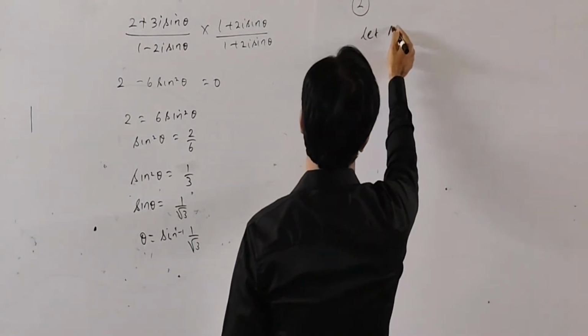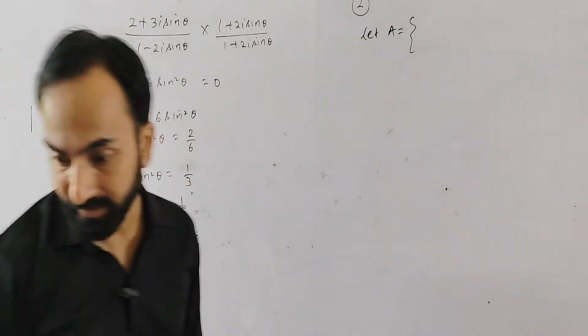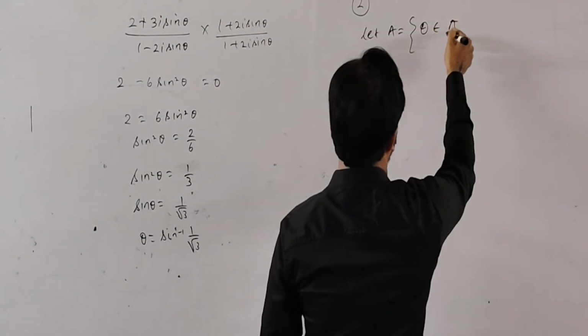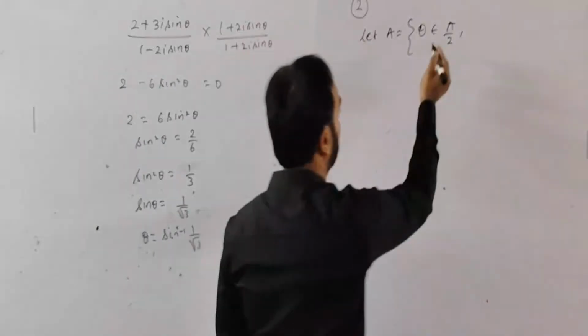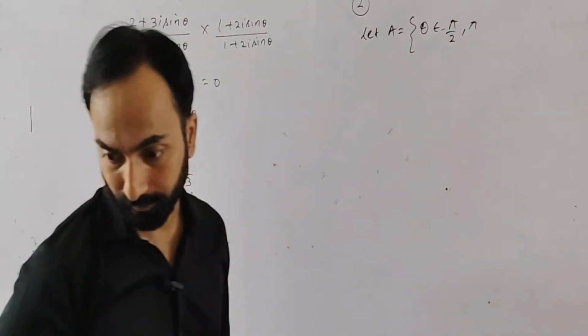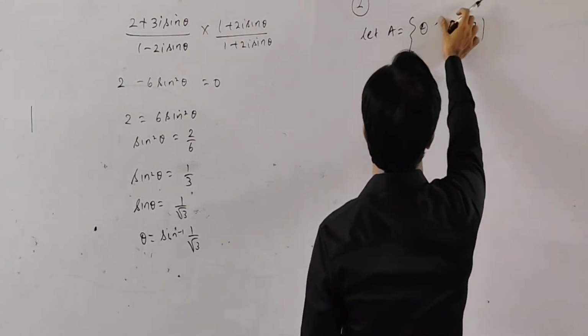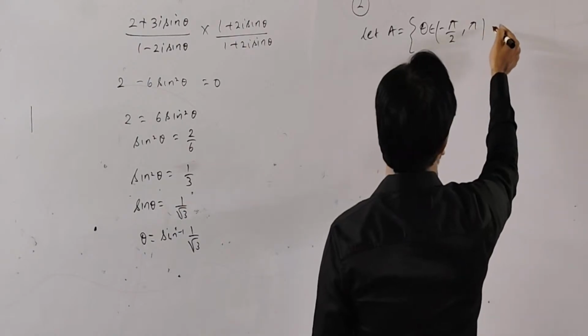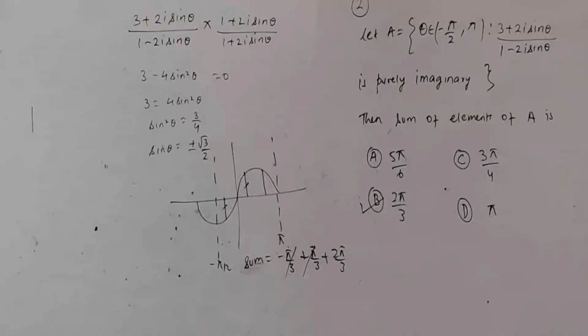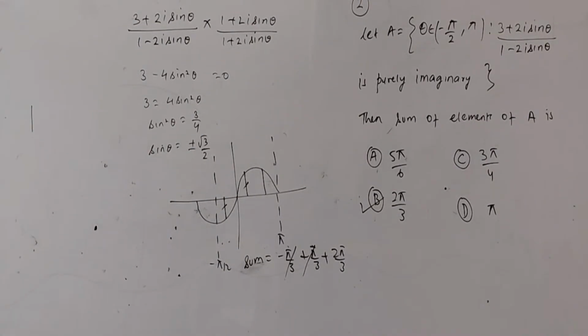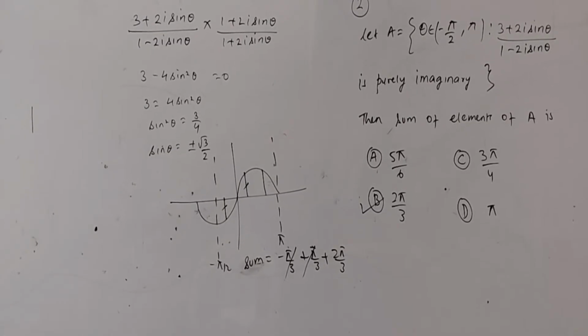Let A be a set where theta belongs to minus pi by 2 to pi, such that 3 plus 2i sin theta... Okay.